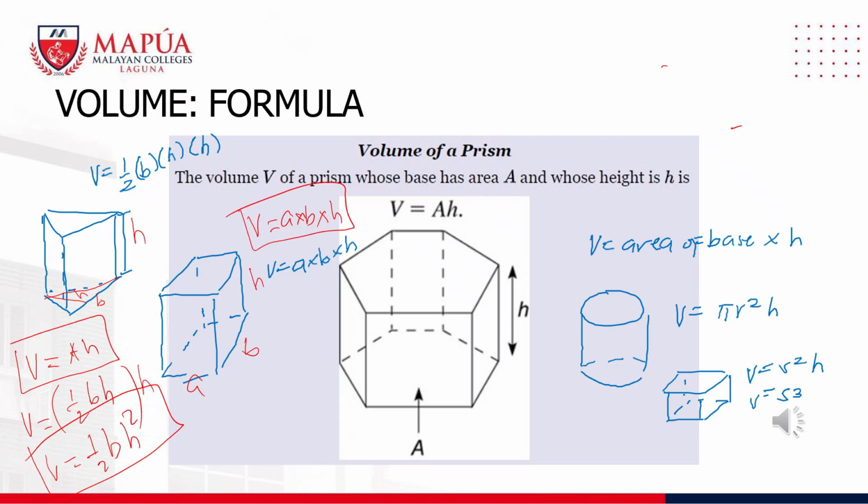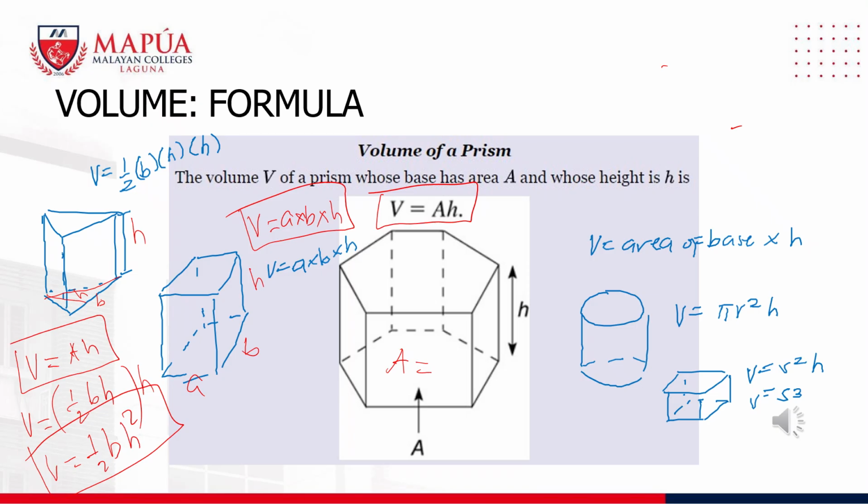Now for this type of figure, basically volume is area times the height. So you just look at the area of the base, whatever that is, then calculate the area and multiply that area by this height. It can be a rectangle, a circle, or a square.